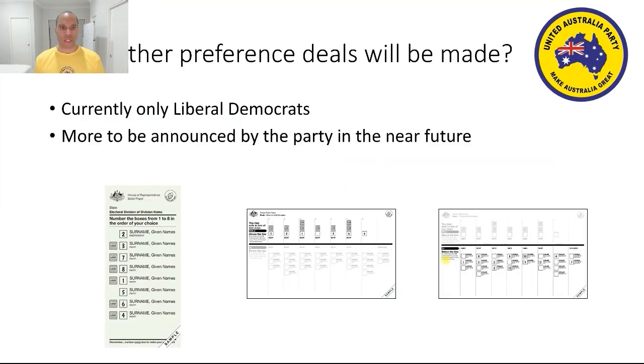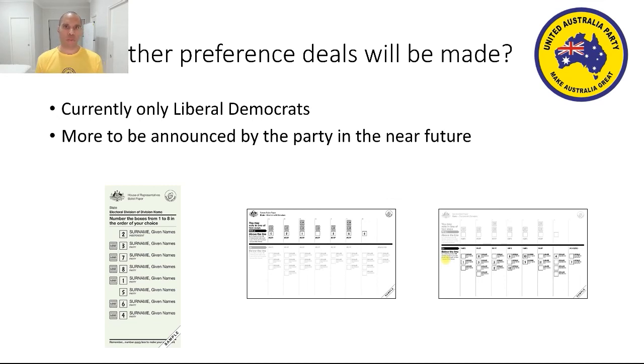What other preference deals will be made? So as of today that I am aware of, it's only to the Liberal Democrats, which is what we've just gone through previously. I also understand that there's probably stuff happening behind the scenes in terms of what other preferences will be made.